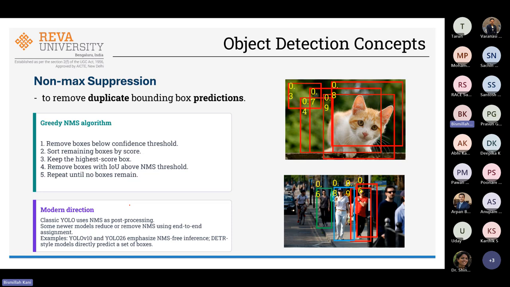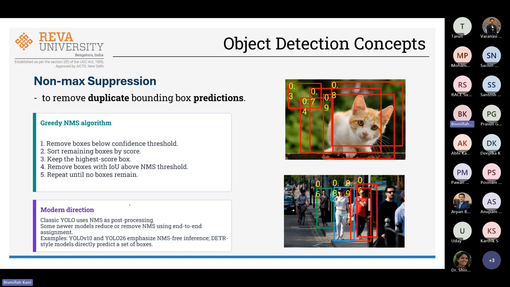So first, you get as many probable object detections as possible from the model. That's why it will give you thousands and thousands of probable detections. Then from that, you try to filter out which is relevant, which is correct, using certain post-processing techniques. And one of the important post-processing techniques is called non-max suppression.